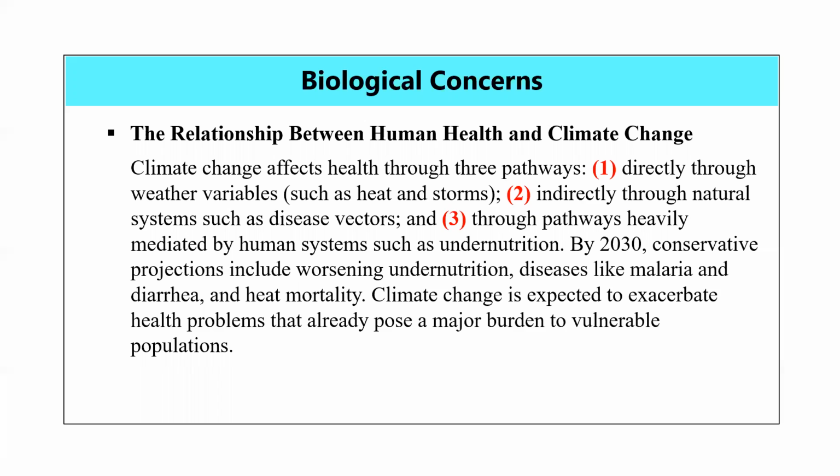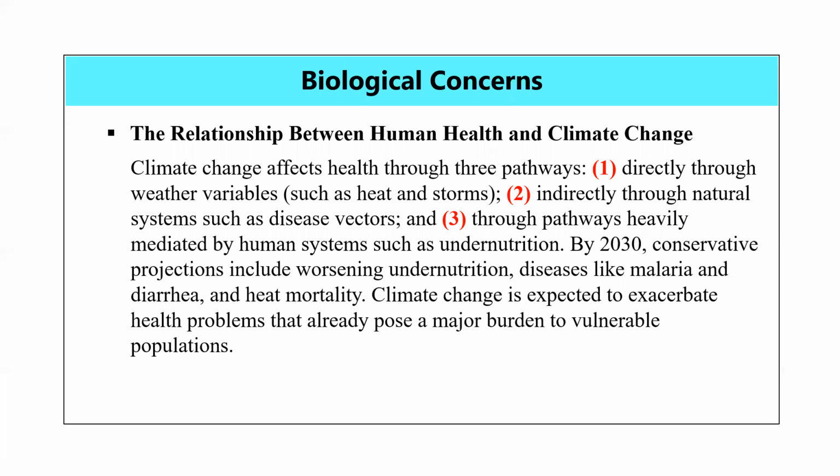The second is indirect, through natural systems such as disease vectors. For example, one reason why a lot of scientists, and not just scientists but even us, are afraid of climate change is that the ice caps in the polar region are housing viruses and bacteria which have been dormant for a long period of time.